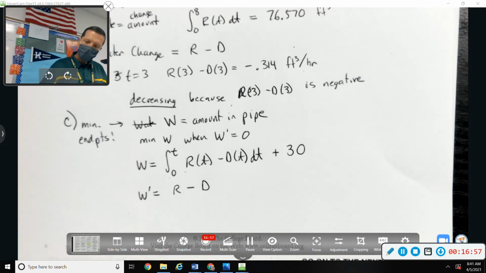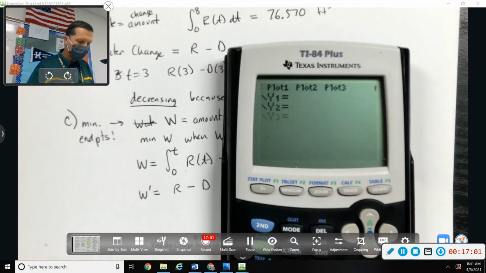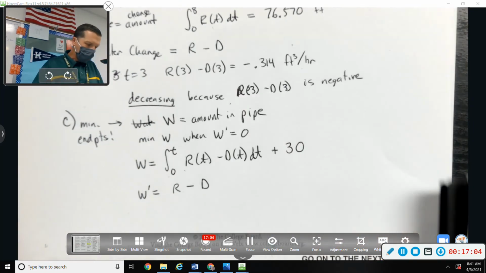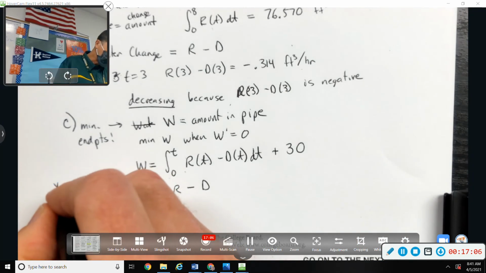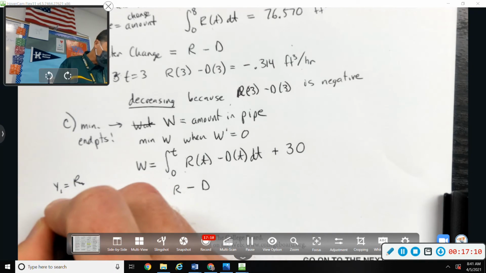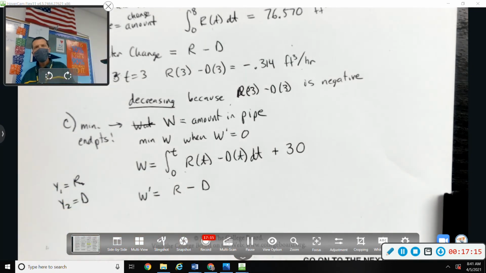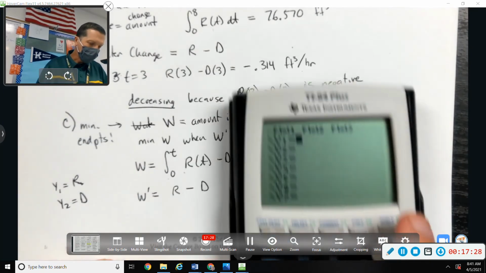I think we should graph that and see what is going on here. So I don't have to say this, but just in case I use them later, I'm going to let y1 be R and y2 be D. I'm going to put that to help me keep it straight, and if I goof up later and use y1 or y2 in my answer, it's okay to do that because I told the grader who's y1 and who's y2.